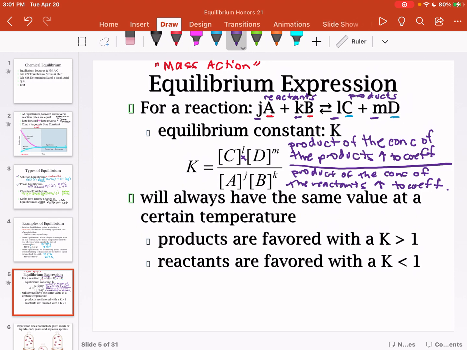Reactants are A and B: A is raised to the J power, B is raised to the K power. This is referred to as an equilibrium expression. It can be generically referred to as an equilibrium constant expression, which could be called Keq.